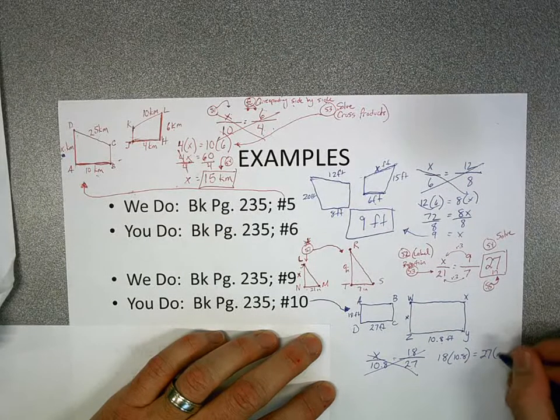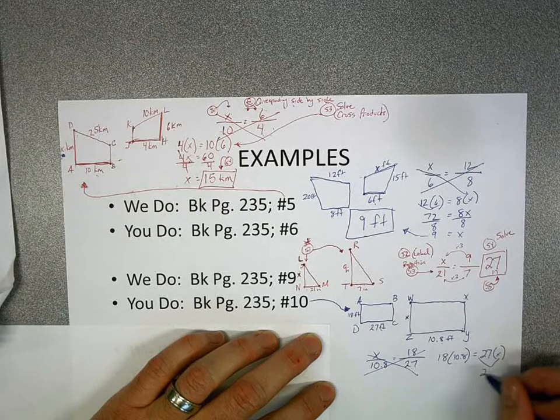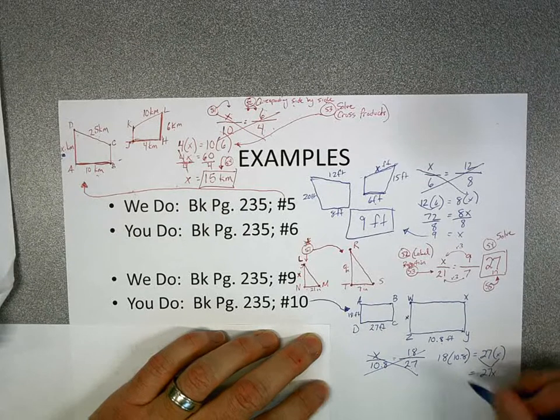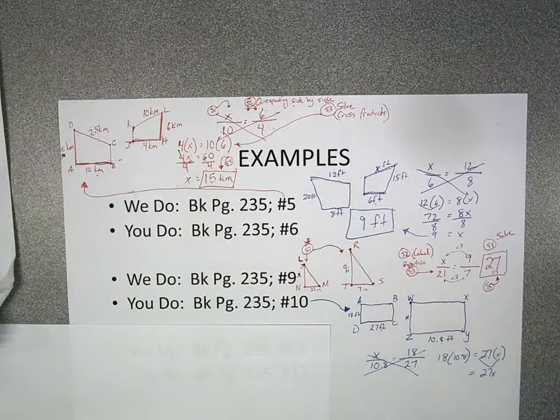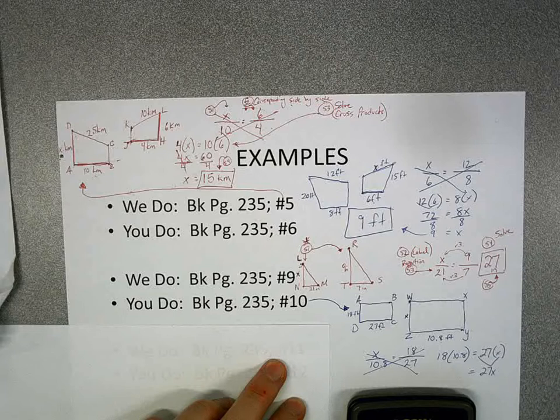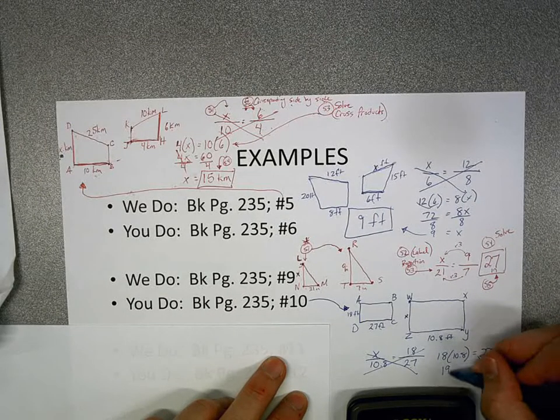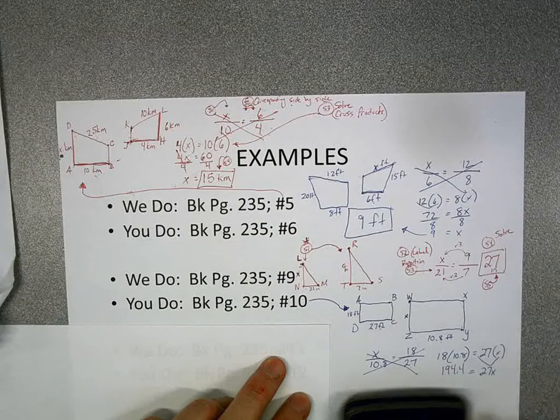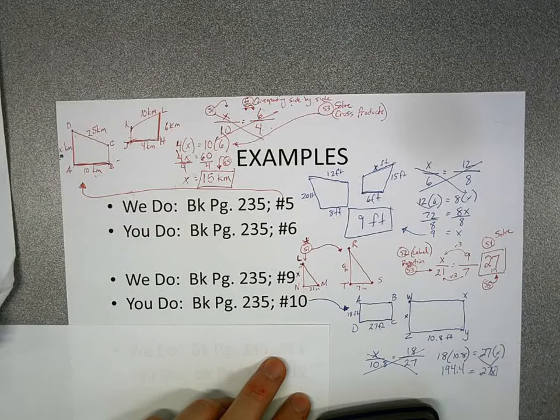So that gives me 27X equals, and grab my calculator. That's missing on my desk. Here we go. 18 times 10.8, 10 and 8/10, equals 194 and 4/10. Of course, I need to isolate the variable, right? Get x by itself, so I do the inverse. I do the opposite.